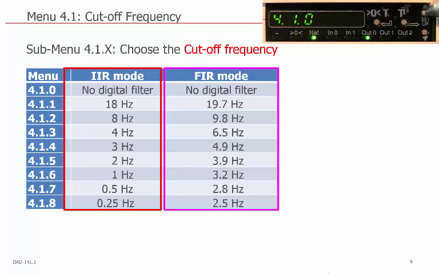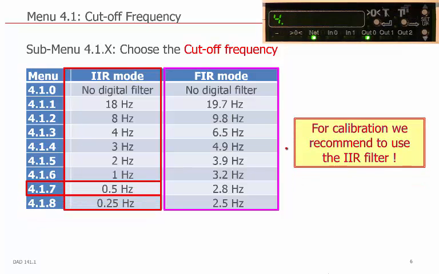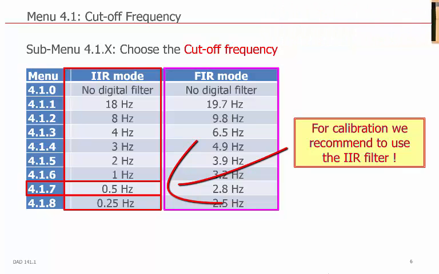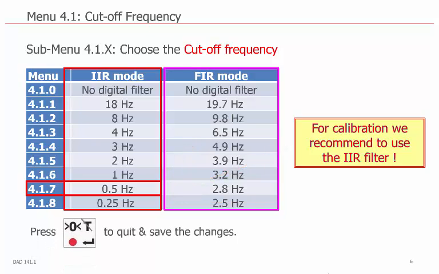In the IIR filter mode, the range is from 0.25 Hz up to 18 Hz, and in the FIR mode, we have a range from 2.5 Hz up to approximately 20 Hz. For a calibration with test weights, we recommend the filter mode IIR and a cutoff frequency of 0.5 Hz. Press Enter to quit and save the changes.